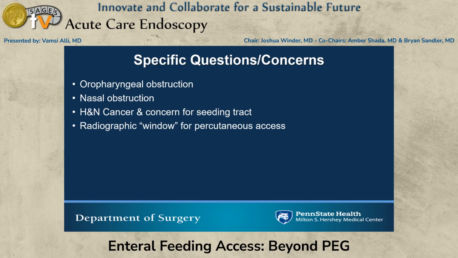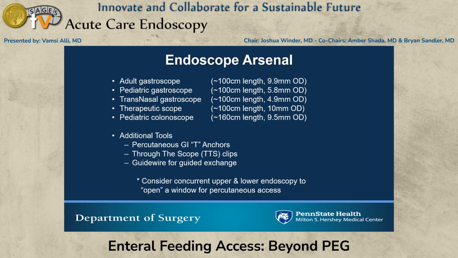One of the ways that sometimes we're able to circumvent this is I employ my IR colleagues to just get a small caliber drain into my target anatomy, and I can certainly get a more appropriate feeding tube in by upsizing that under endoscopic guidance if need be. So Dr. Wong did touch on some of the options in terms of endoscopes and how they have different lengths, different diameters.